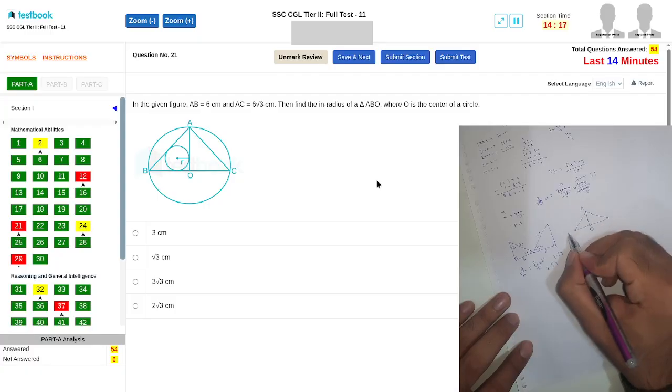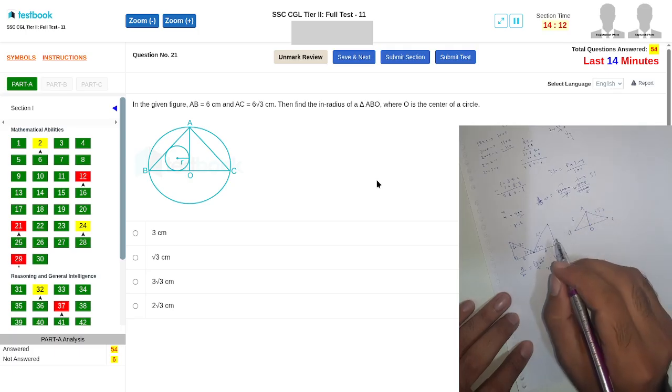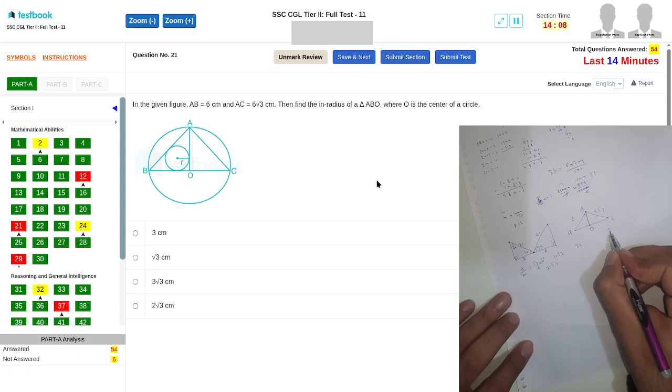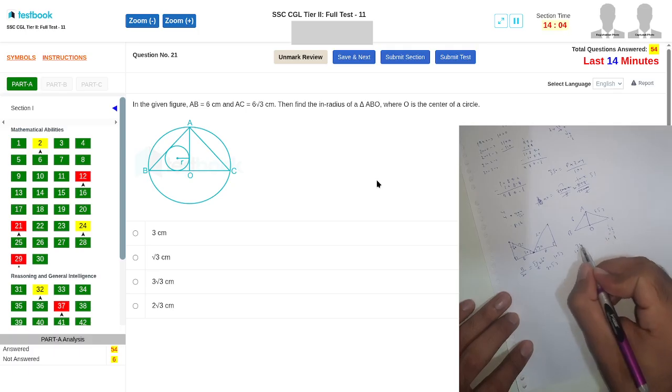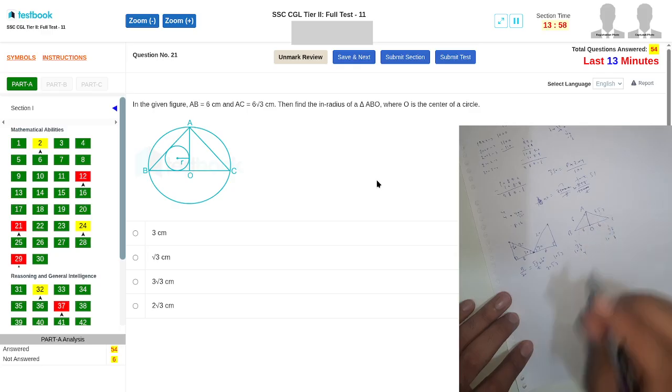AB, AC 6 root 3, O is the center. तो ये 90 डिग्री है. तो 36 इंटू 18, 108, 108, 144, तो ये 12, तो ये 6 ये भी 6, ये 12 हो गई.